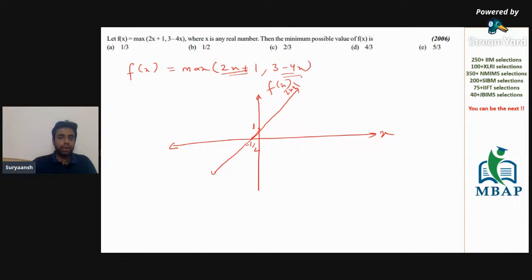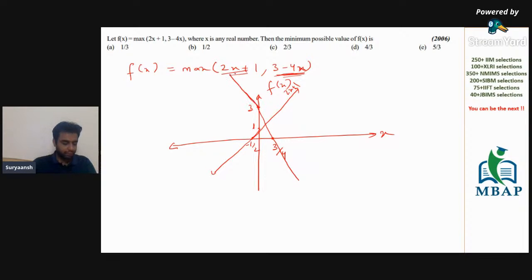Now 3 minus 4x. For x equal to 0, y is equal to 3. This is the second part. For x equal to 0, f of x is equal to 3. And for x equal to 3 by 4, f of x would be equal to 0. So the line would be something like this.